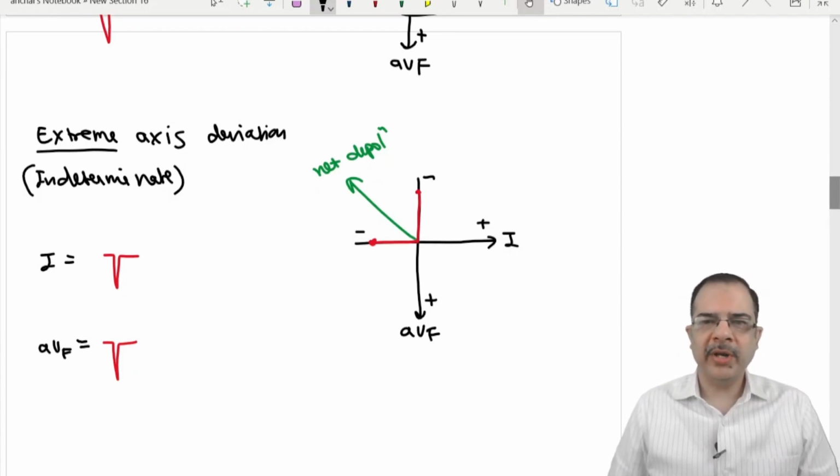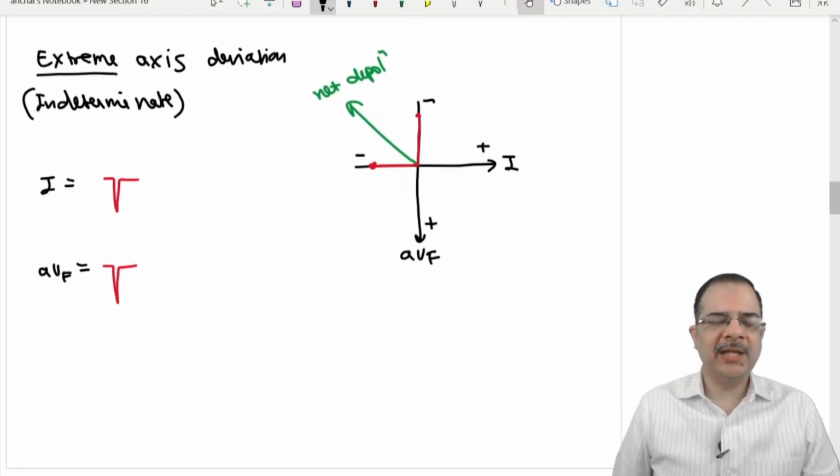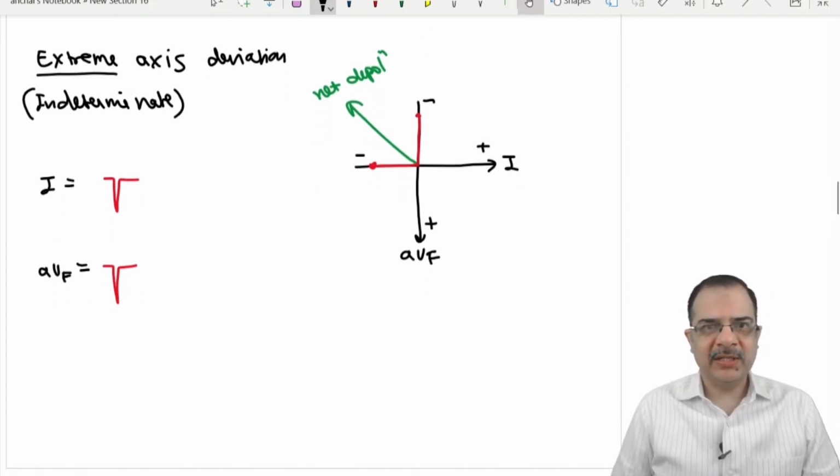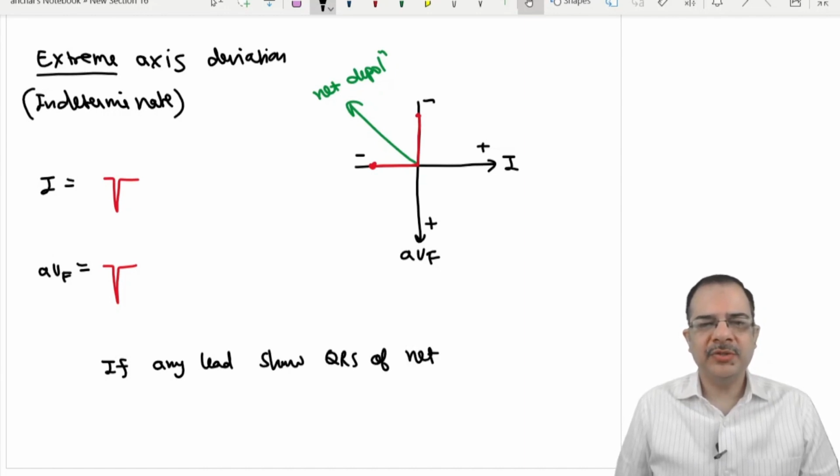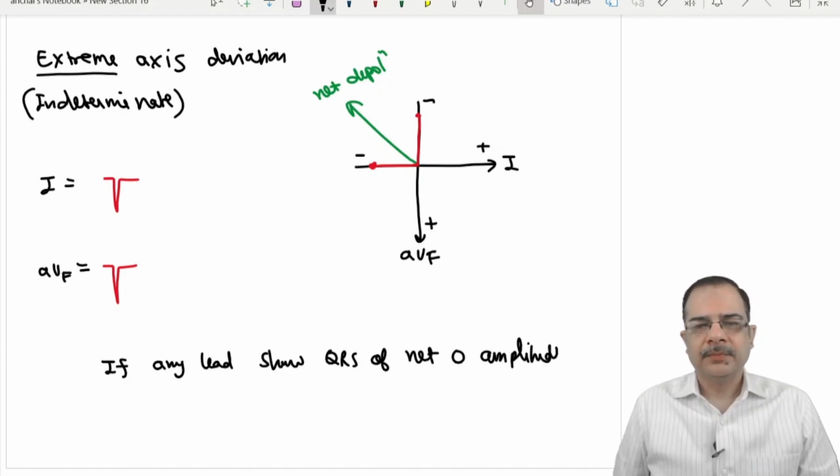Also, one more trick of calculating the axis, an important trick: if any lead shows a QRS of net zero amplitude, that is equiphasic.